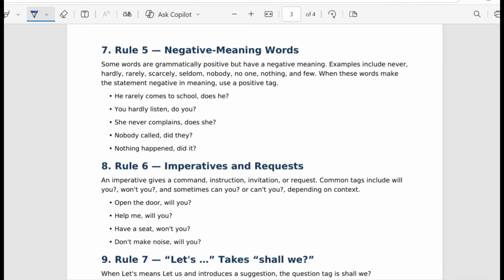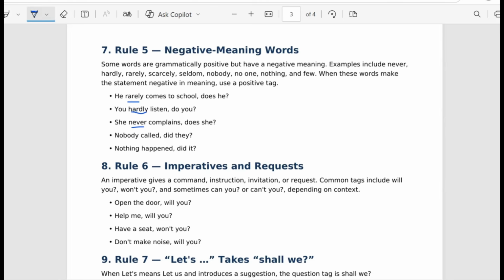A good example, he rarely comes to school. So rarely is a negative word. The tag is going to be positive. Does he? You hardly listen. Do you? She never complains. Does she?